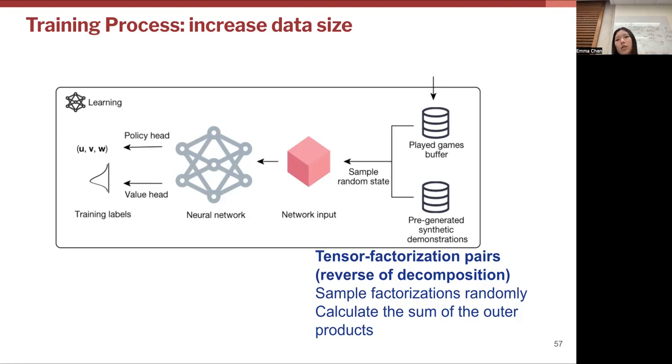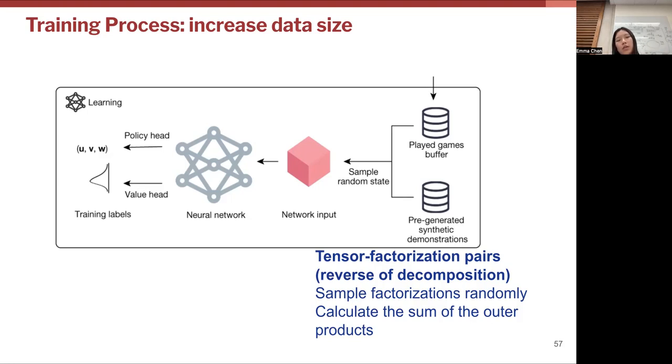So by just randomly sampling this factorization, this U, V, and W will easily reach the final multiplication matrix that we originally want to learn to decompose. And a pair of this tensor and factorization will become training data for the neural network to learn.